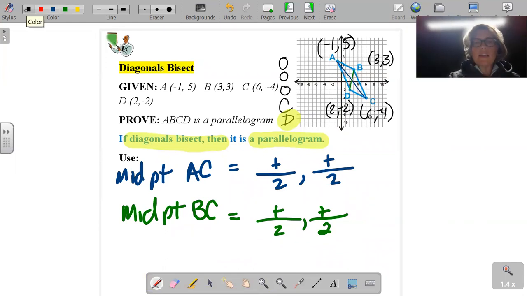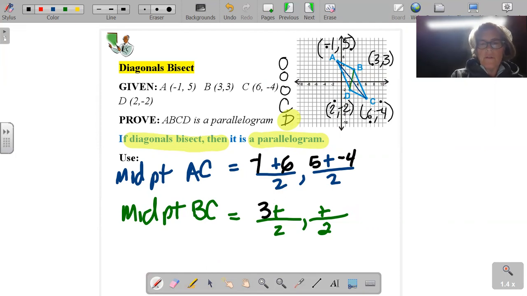So we pop in our x's. -1, 6. 5, -4, pop in your x's, 3 and 2, 3 and -2.